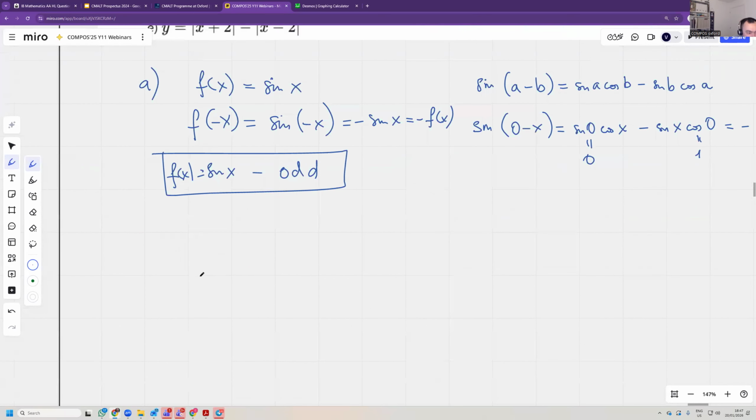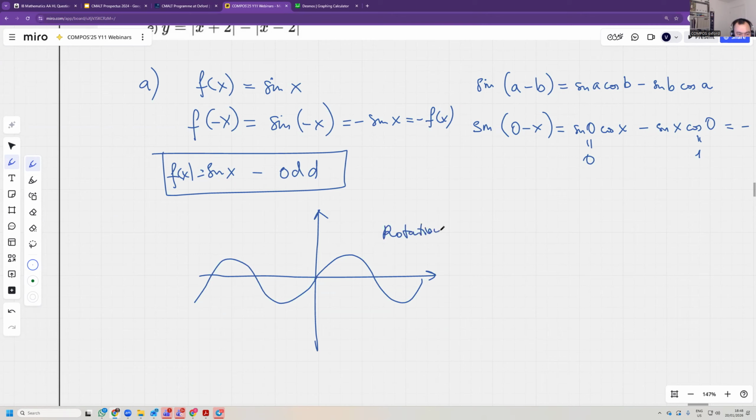And if you draw the graph of an odd function, it has point symmetry around the origin. It has rotational symmetry of order 2, or point symmetry over the origin.